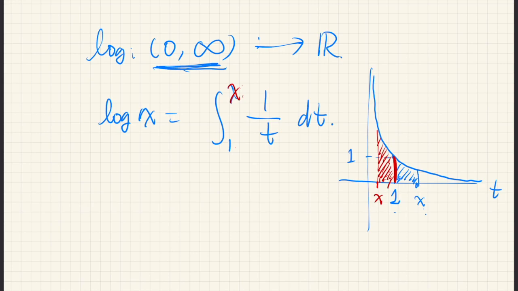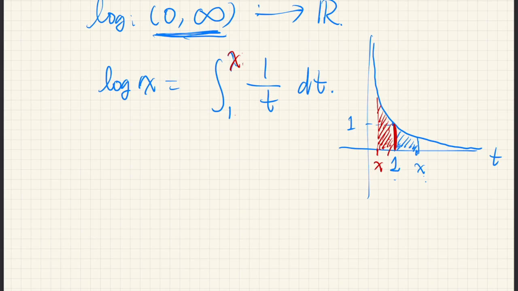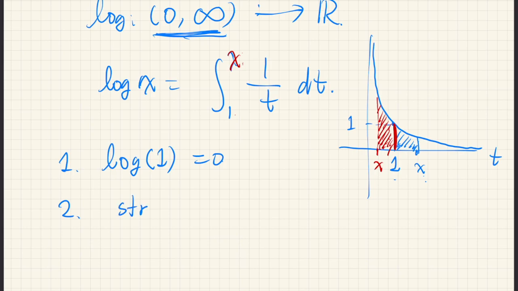So let's see the properties of this function. First of all, as I already explained, log of 1 is 0. It's obvious from the definition. And second, this function is a strictly increasing function.